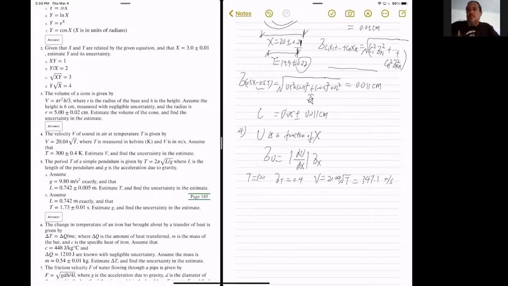And then we're going to calculate du/dx.